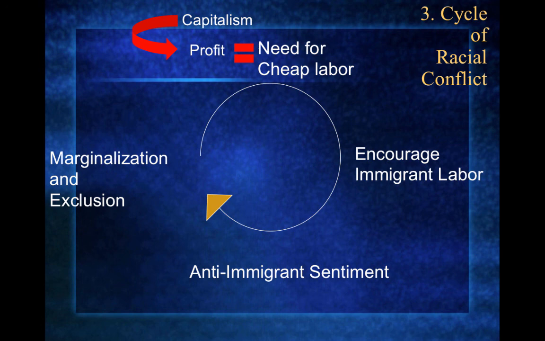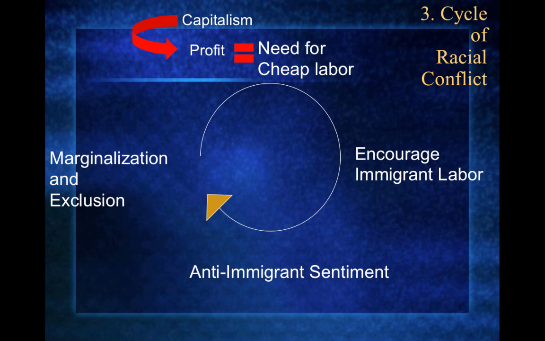When one group is excluded entirely, the capitalists will then be forced to import another group of immigrants to fill that labor void. So, for example, with the anti-Chinese sentiment so strong in the early 1900s of California, the Chinese Exclusion Act will be passed that will bar any more Chinese laborers from entering the United States.